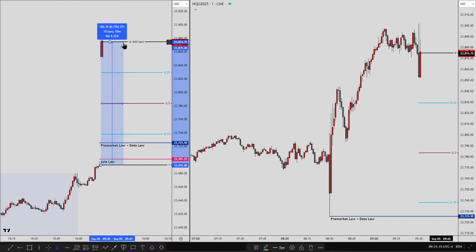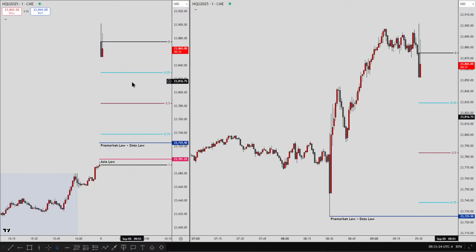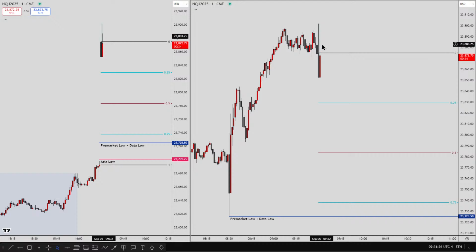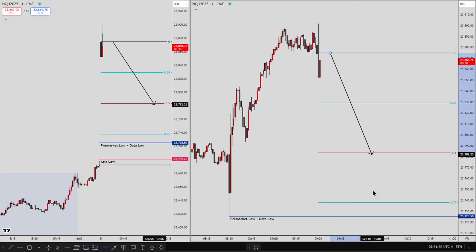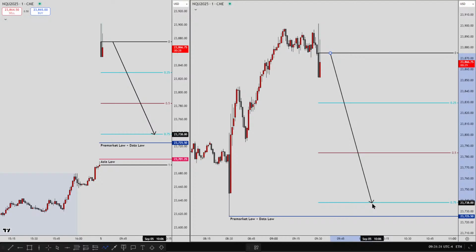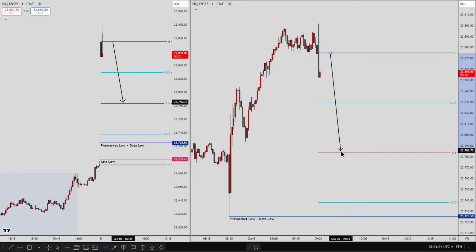If you remember from the opening range gap lecture, I said that when you have a gap bigger than 120 handles, there's a few situations that can happen. Sometimes it will just fill the entire thing instantly, or it'll display slower and take it in. But generally you're looking for that consequent encroachment or 0.25 level. Well, 0.75.